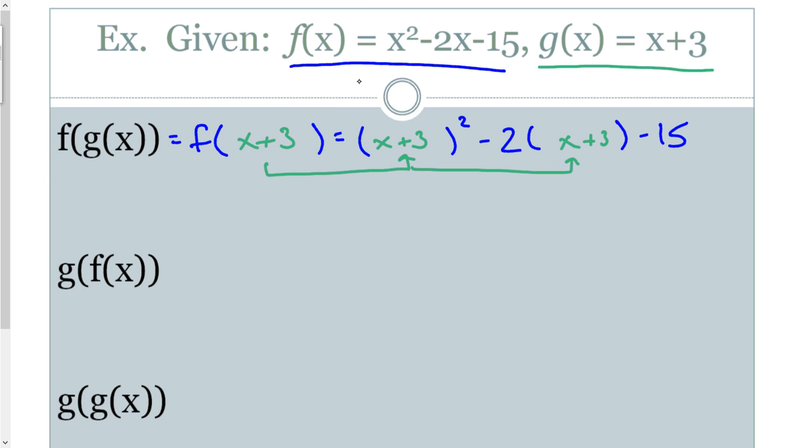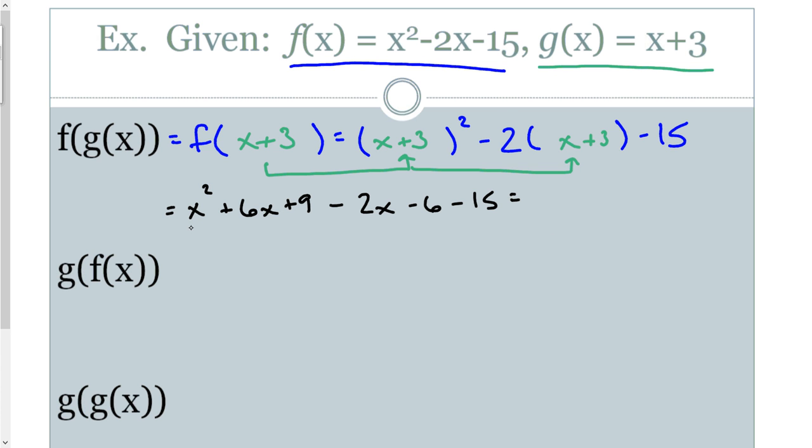So now I can do some actual algebraic arithmetic. Hopefully we remember how to square a binomial. x times x gives us x squared. 3 times x, and then another x times 3, gives us plus 6x, and then 3 times 3 is 9. Then minus 2x, but it's also going to be a minus 6, because negative 2 times positive 3 is negative 6, followed by a minus 15.